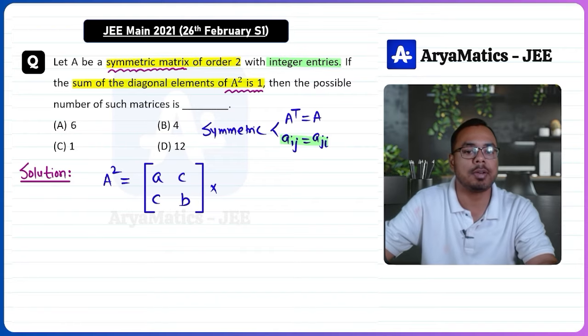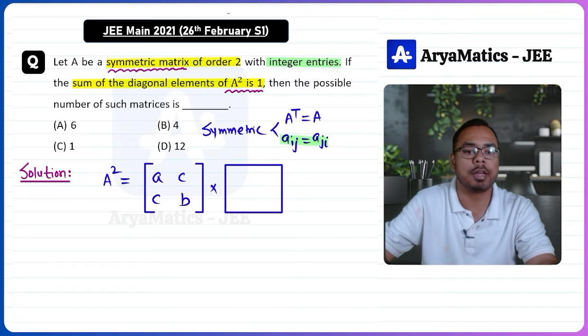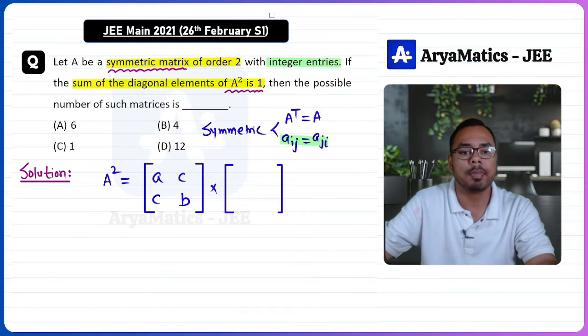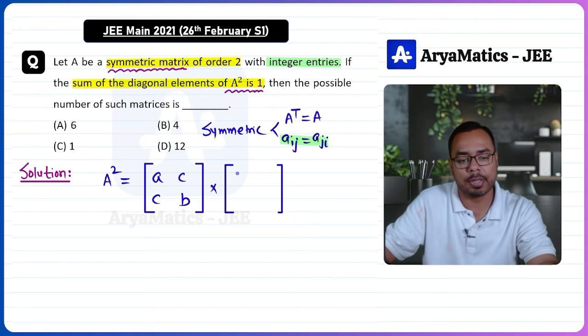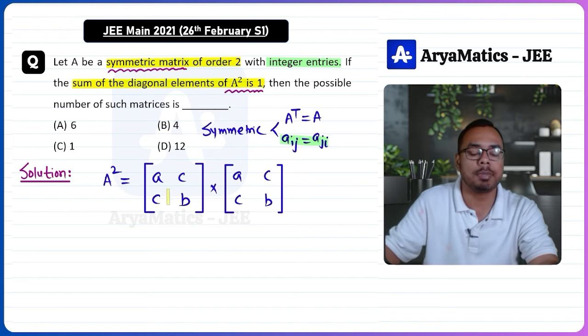Now, if this is matrix A, then A square will be matrix A into matrix A, right? A square means A into A. So we'll write the same matrix again, and then we'll see what the trace of this matrix, or sum of the diagonal elements, should be. Remember, it is given that trace of A square is 1.